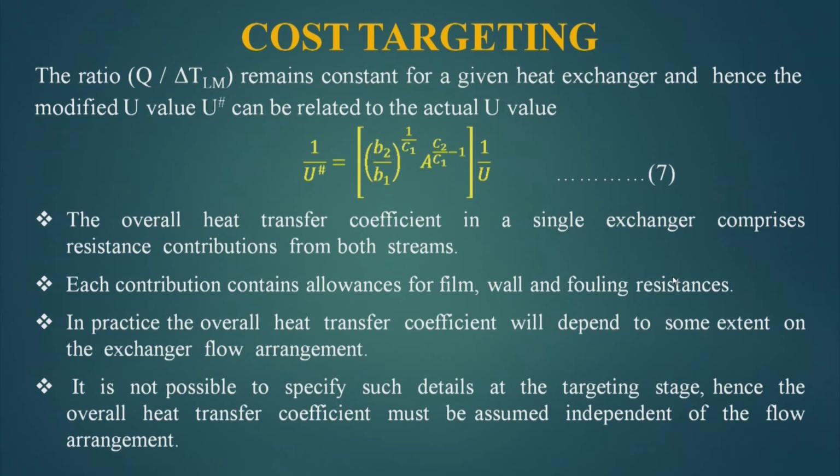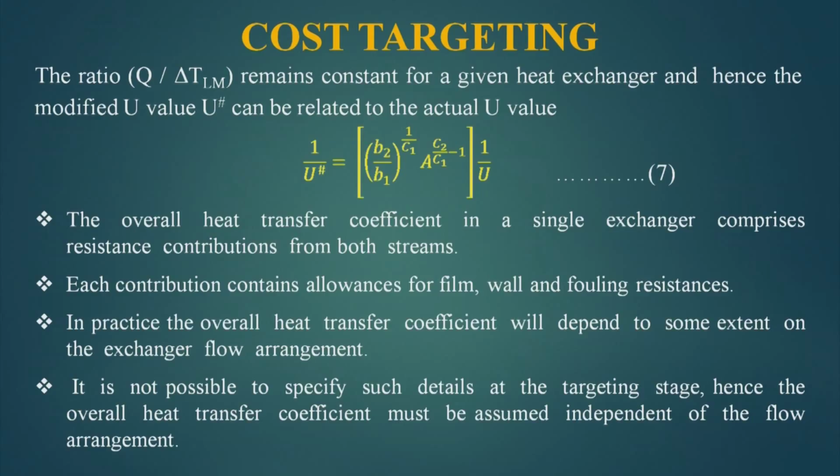The overall heat transfer coefficient in a single exchanger comprises resistance contributions for both streams. Each contribution contains allowance for film, wall and fouling resistances. In practice, the overall heat transfer coefficient will depend to some extent on the exchanger flow arrangement also.